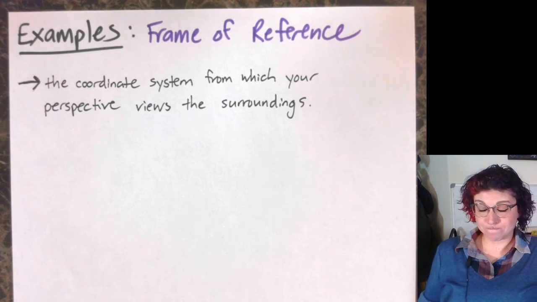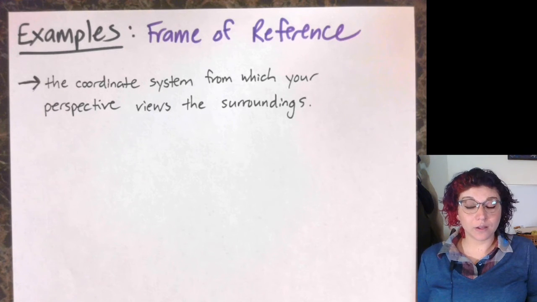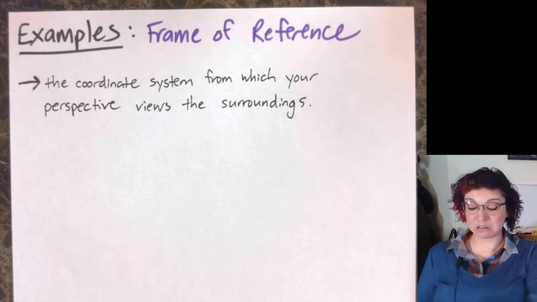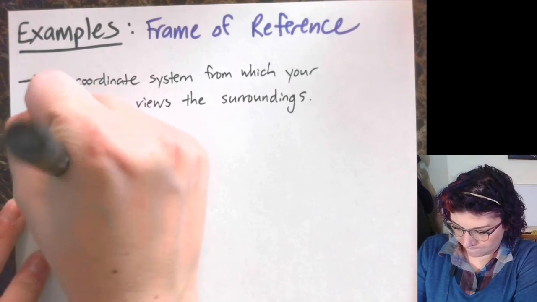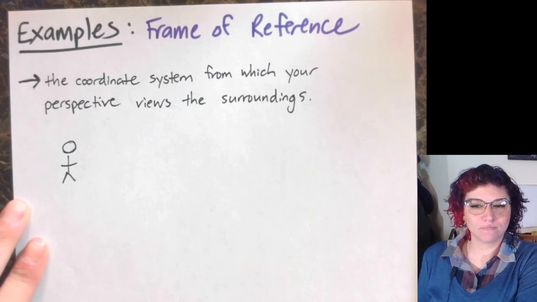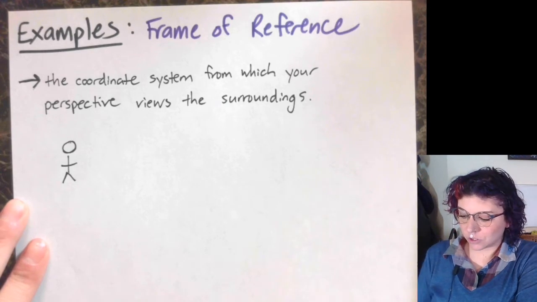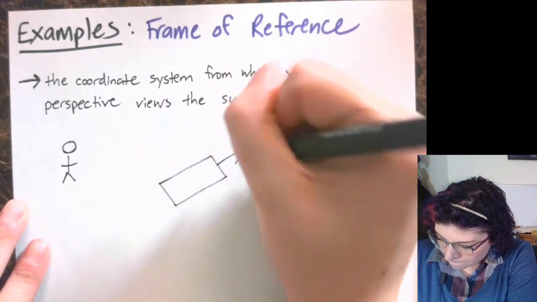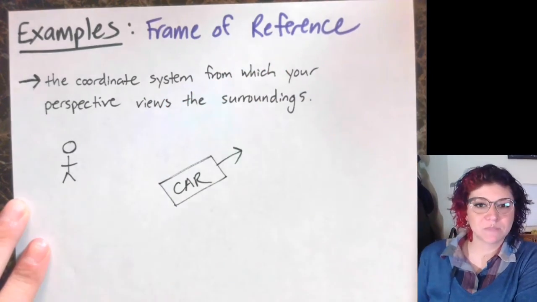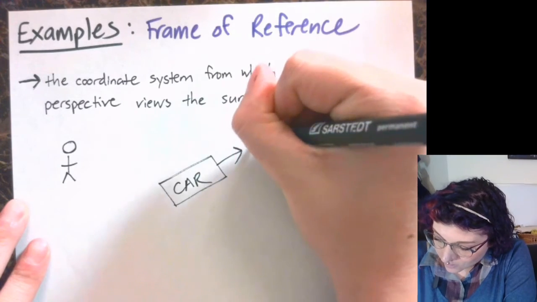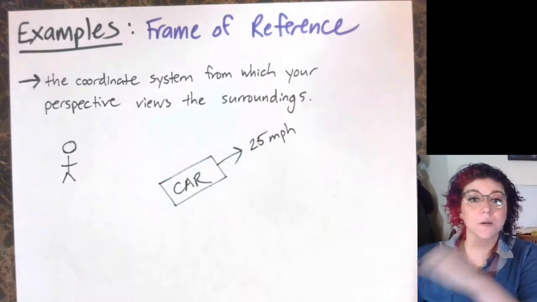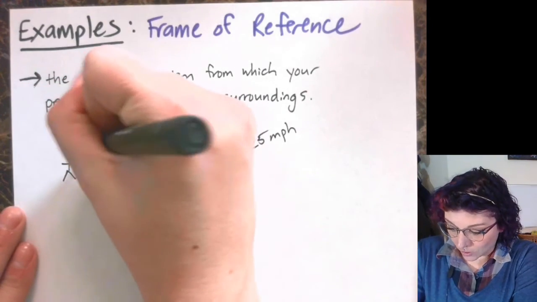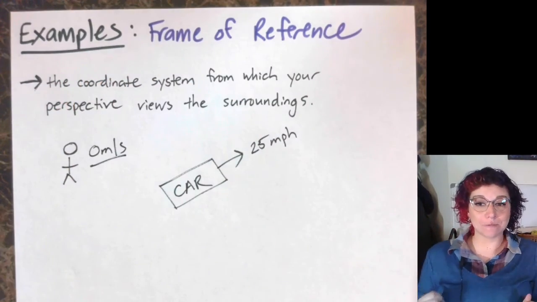For example, let's say that you are standing on the sidewalk. And you see cars go by. It's my beautiful car. Let's say it's going at 25 miles per hour. But you are stationary. You are at 0 miles per hour.